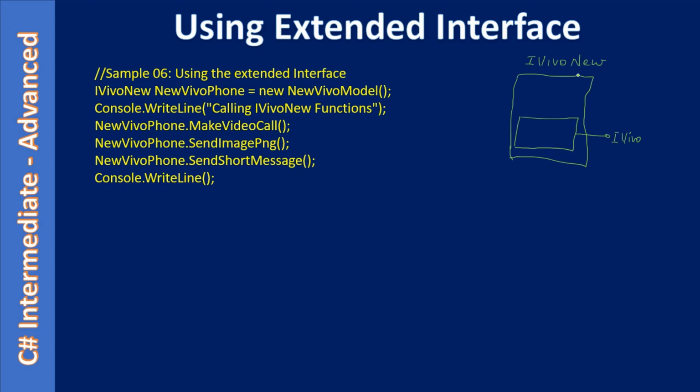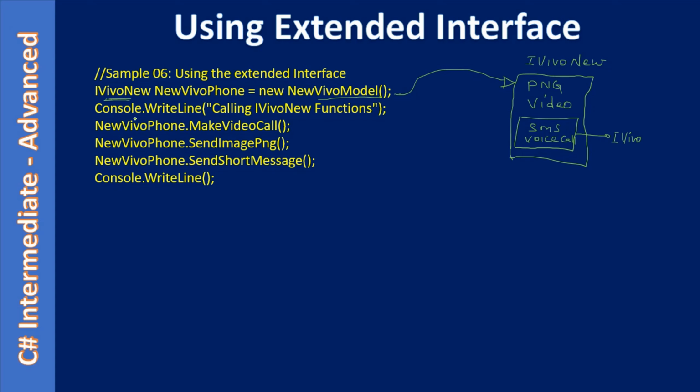So it offers two new functionalities, that means sending the PNG image and making a video call. The other two will send short message SMS as well as make a voice call. The implementing class is the NewVivoModel. So this class implements the IVivoNew interface. So that's why on the left hand side we kept IVivoNew.